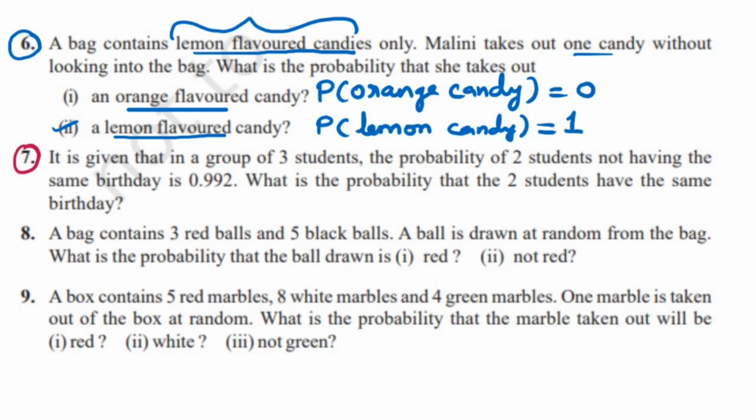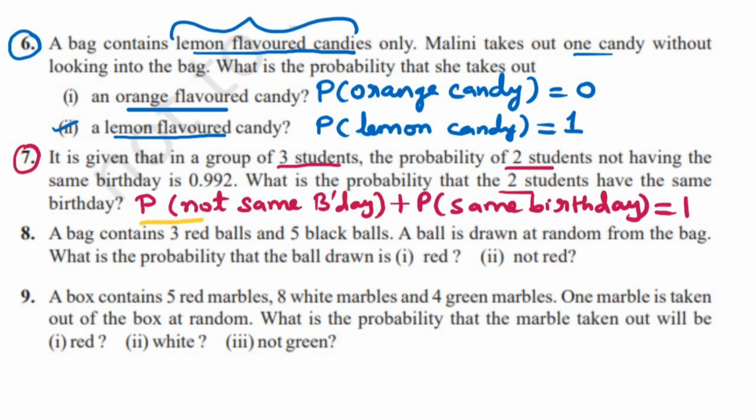Now the seventh question. It is given that in a group of 3 students, the probability of 2 students not having the same birthday is 0.992. What is the probability that the 2 students have the same birthday? Since we know that probability of happening of an event plus probability of the complementary event, means not happening of an event, is 1.